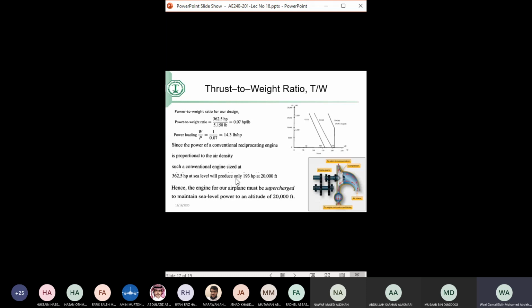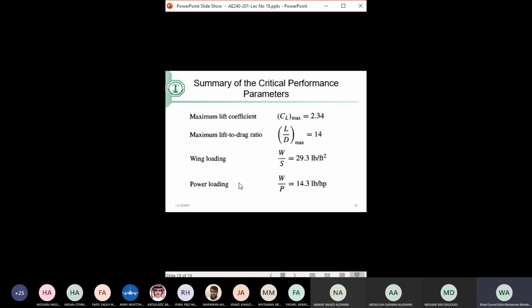So that's it for the engine. We can now summarize the information that we had of the aircraft. So far, we gained a lot of information in the past 3 or 4 sessions. We now know the CL max of the aircraft. We only started from the requirements, 5 passengers, certain rate of climb, but now we know CL max, L over D ratio, wing loading from last time, and weight to power ratio from today.